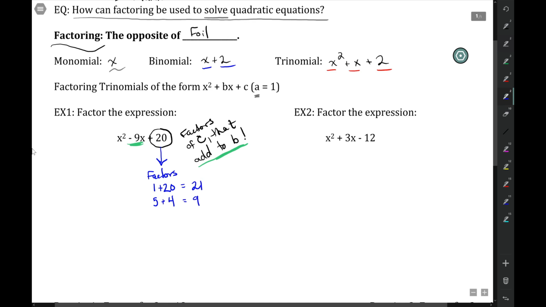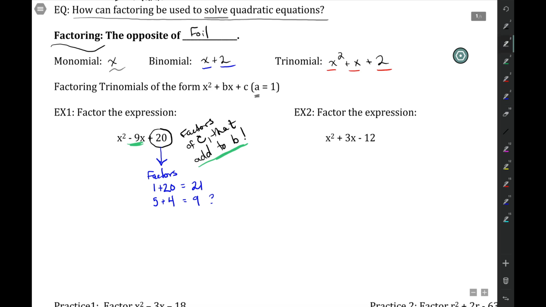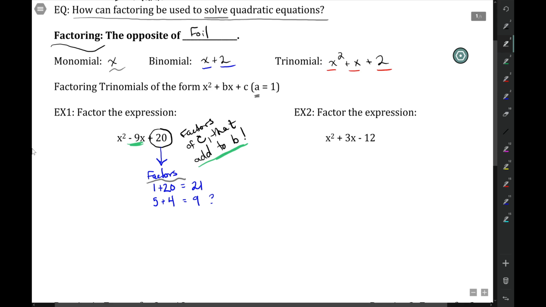You're thinking, maybe it's 5 and 4. But also remember that negative 1 and negative 20 are also factors that give you positive 20. So you also want to consider negative values as well.